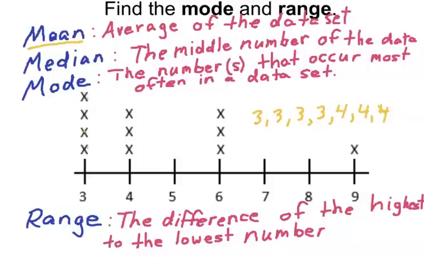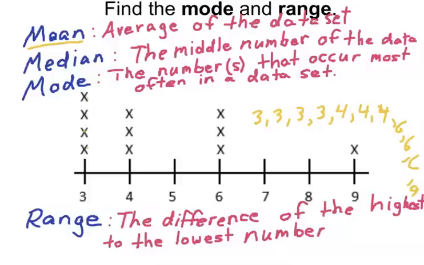And then how many 6s are there? There's 3 6s, so there's going to be 6, 6, 6. And then there is 1 9, so we'd have 9 here. So it'd be 3 3 3 3, 4 4 4, 6 6 6, and then the 9 down there. All right, so that's our data set.